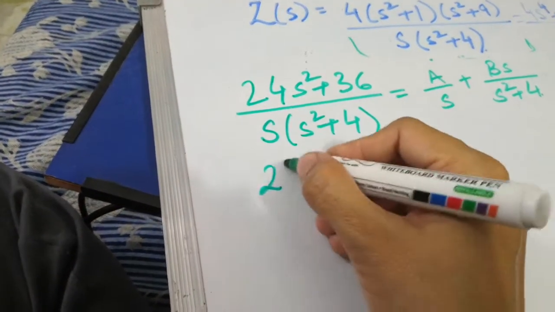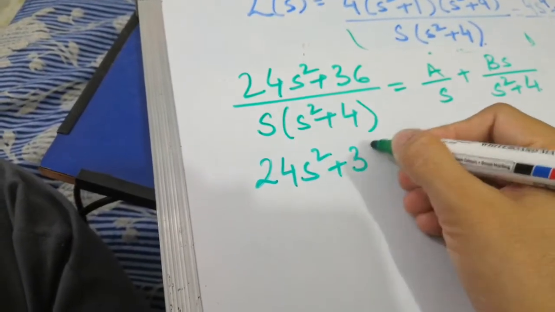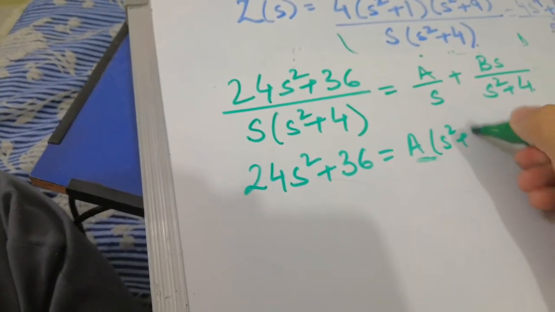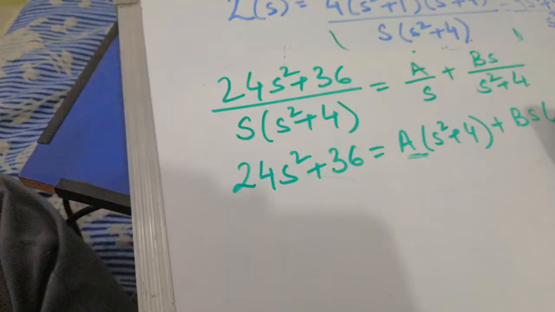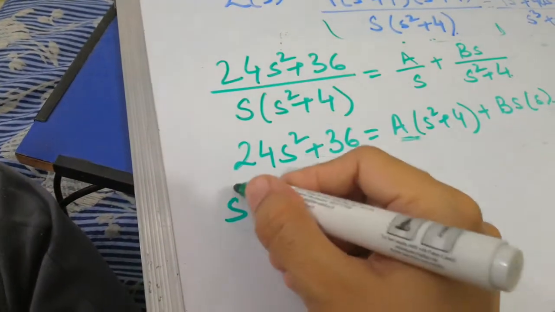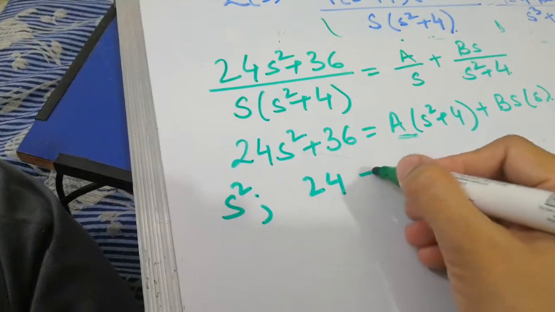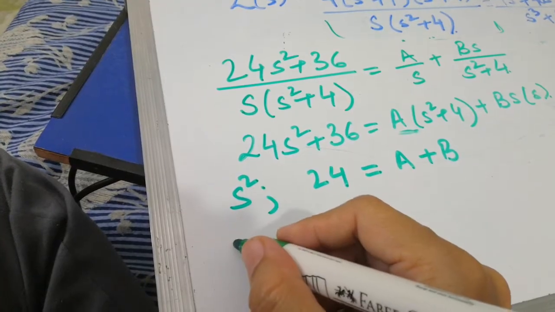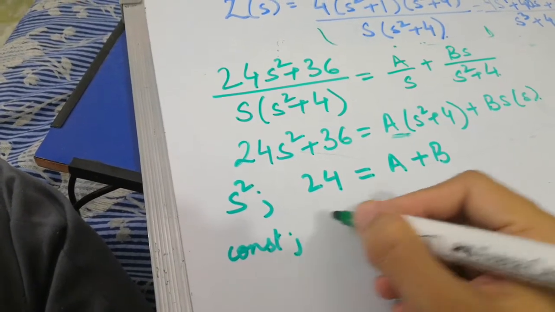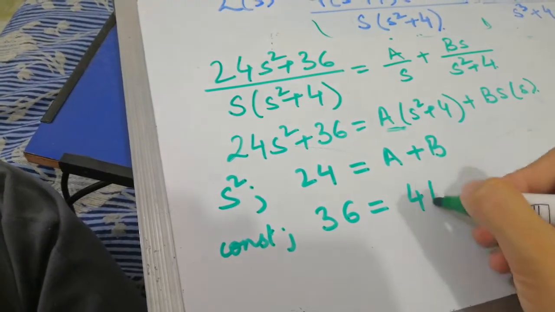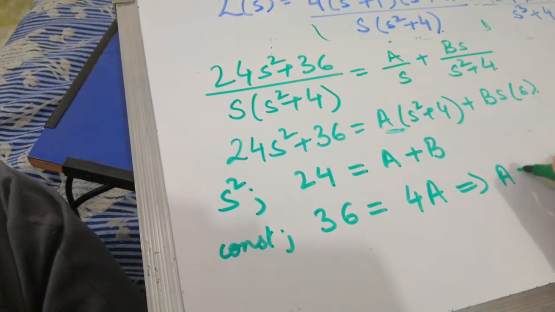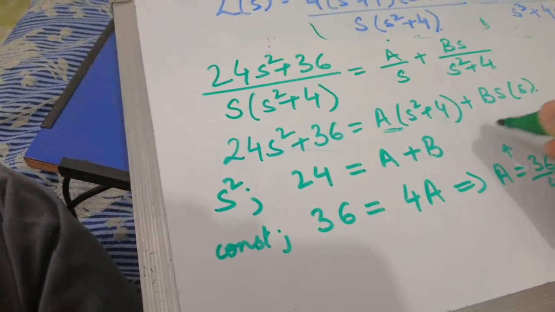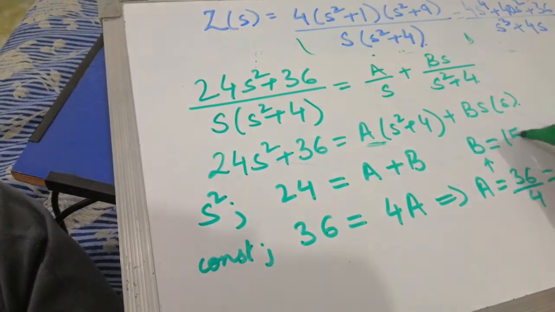I think you all have gone through the partial fraction expansion, how you do it. So here it will be (s² + 4) and here it will be Bs into s. So by comparing the coefficients of s², 24 is equal to A plus B, and comparing the constants, 36 is equal to 4A, you are given with A equals 36 by 4, that is 9, which gives you B as 15.